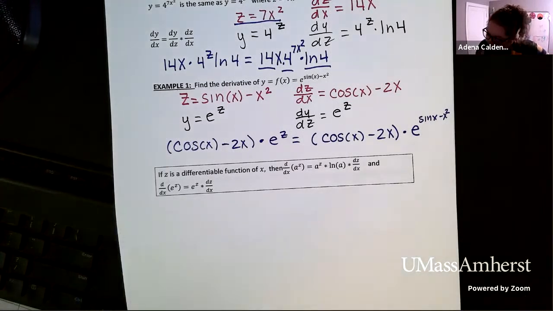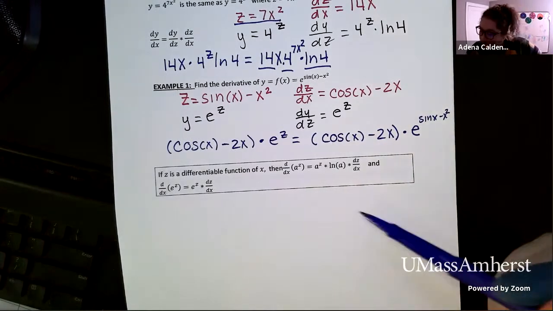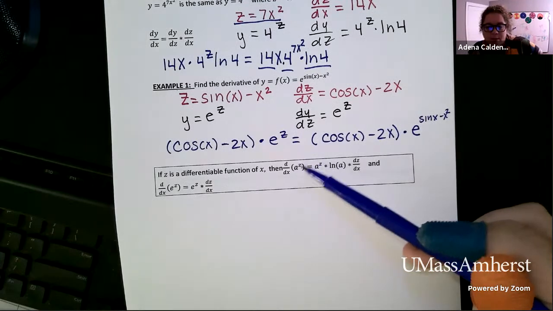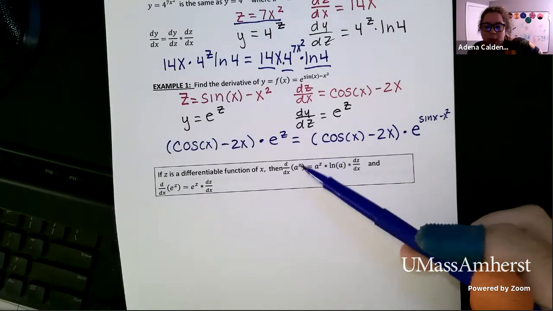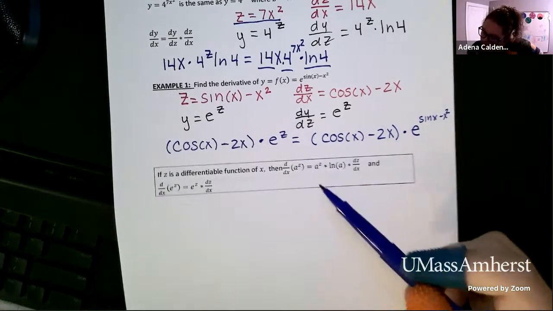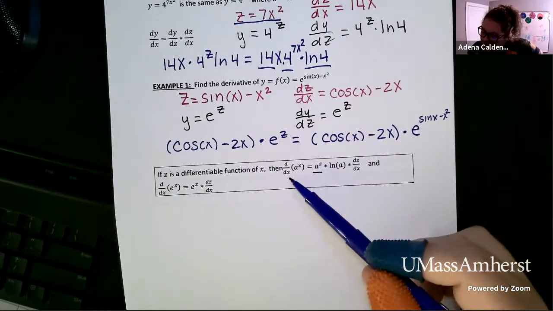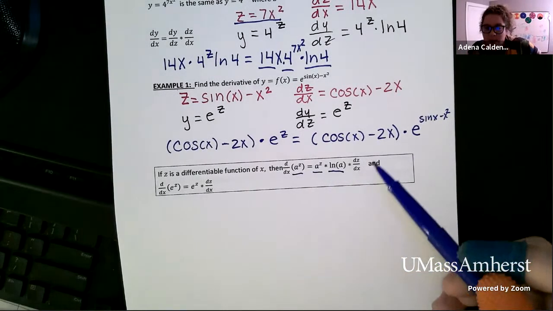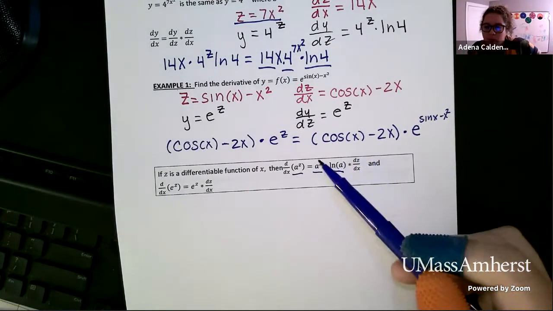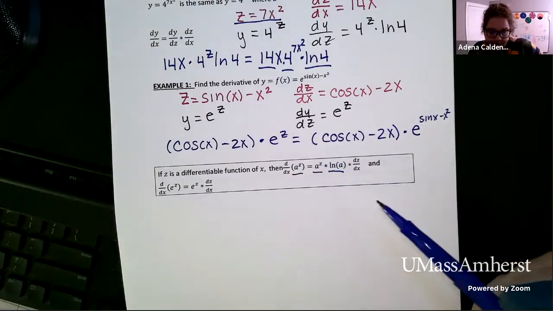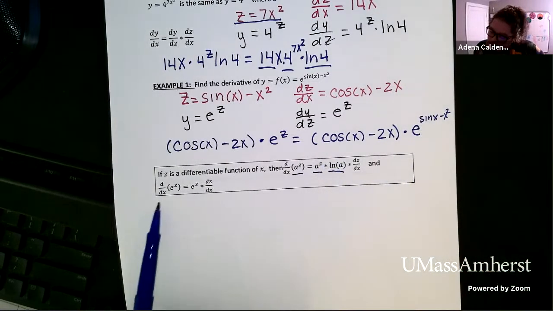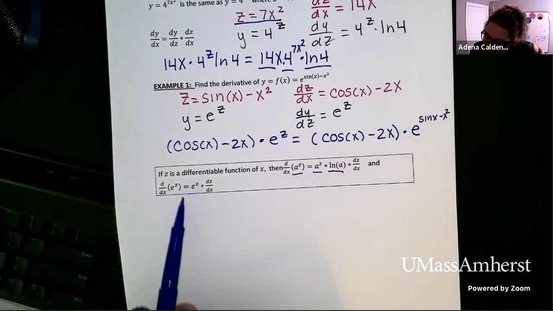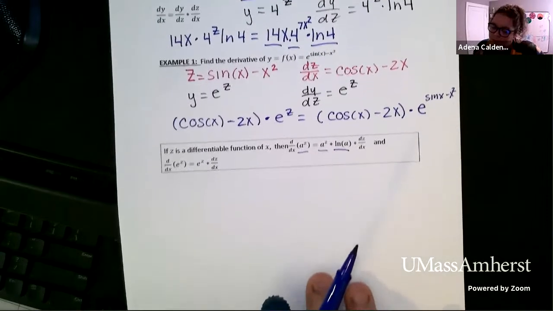So if everything's differentiable, which it will be for our course here, if you're going to take the derivative of a to the z, where z is something differentiable, then you're going to have the same thing back, a to the z, just like we started with, times the natural log of the base, times the derivative of the power. Okay. Similarly, if you have the derivative of e to the z, then we get e to the z back times the derivative of the power.